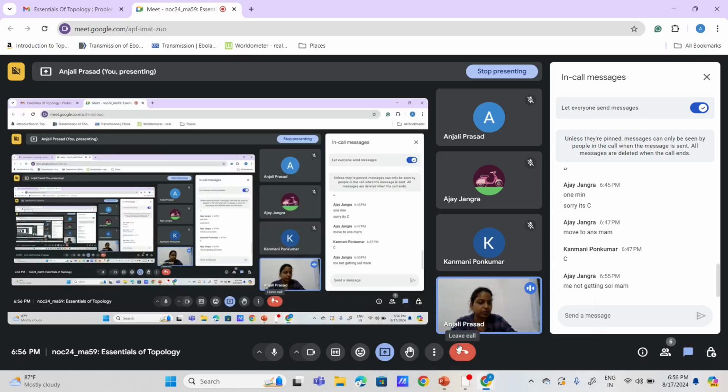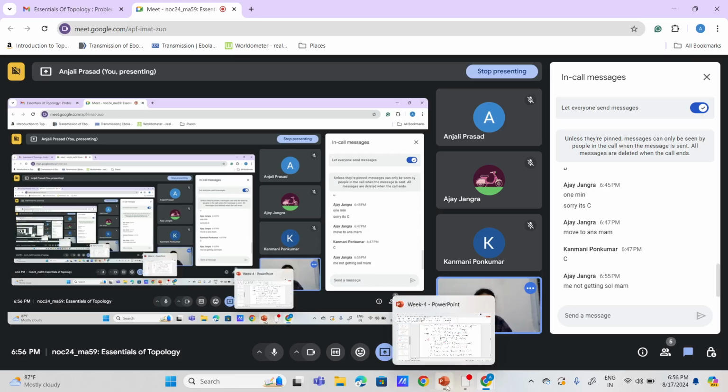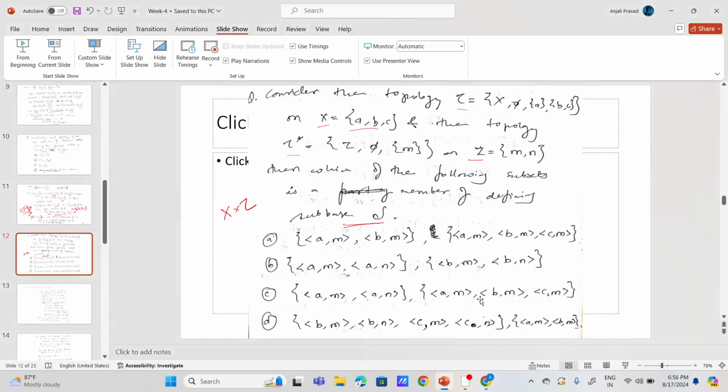You're not getting the solution? Okay, okay. Others are trying. Try. If you are also not getting it, then I'll move to the solution part and I'll explain how you will get its answer.